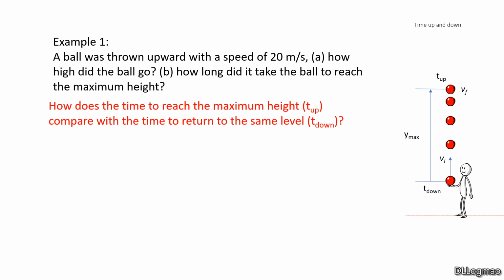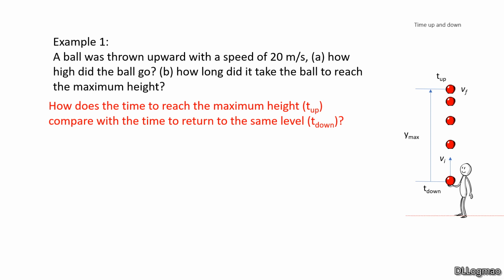Some say the time taken by the body to reach the maximum height is longer than the time to return to the same level, because as the body moves up, the velocity is decreasing, and while moving downward, the velocity is increasing.